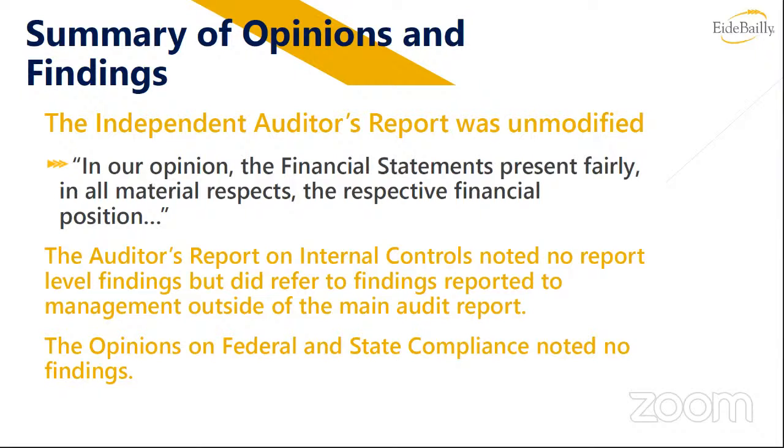And then for Bryant Middle School, there are cash disbursements findings. We noted that the approvals are dated after the invoice, showing that the expenditure wasn't pre-approved. And there was also an expenditure that had no approvals at all.